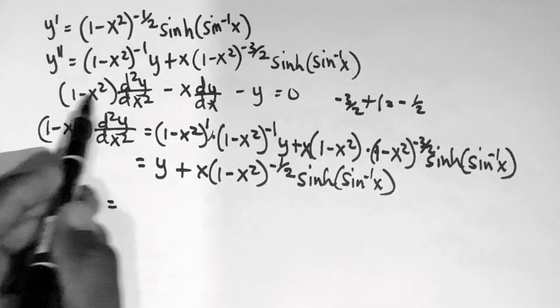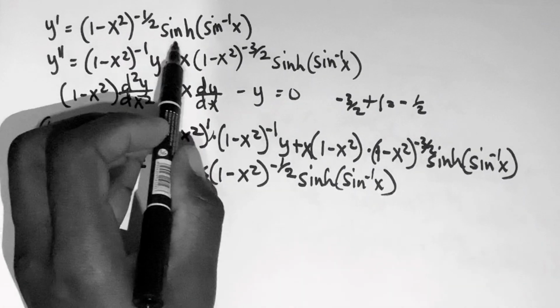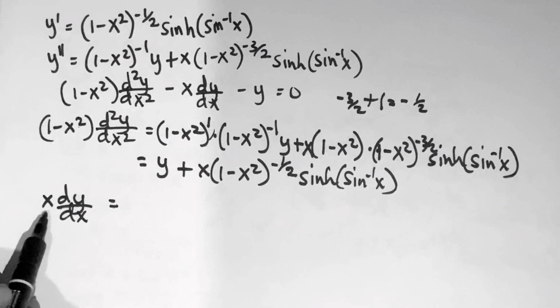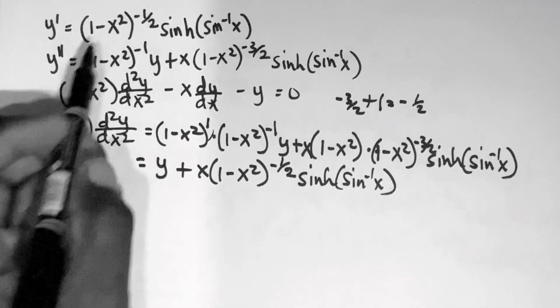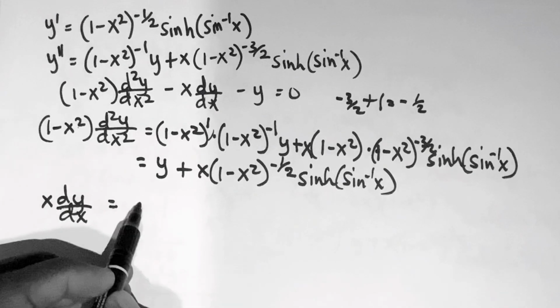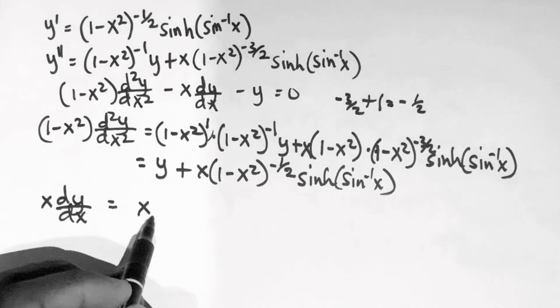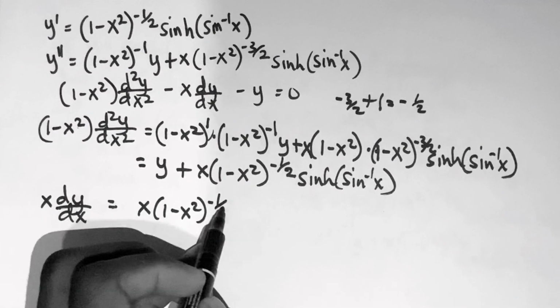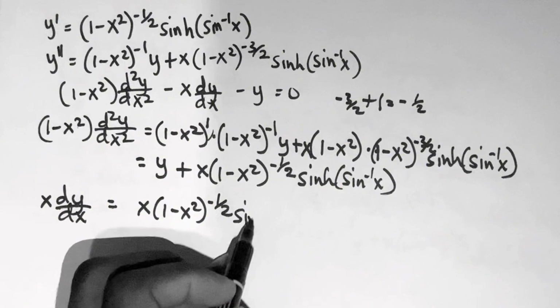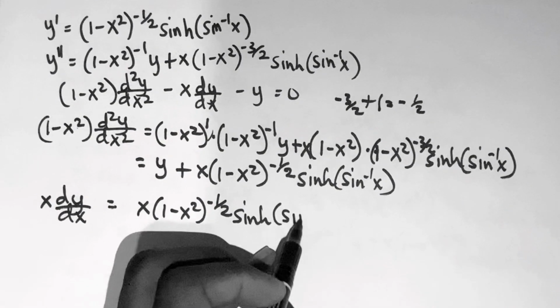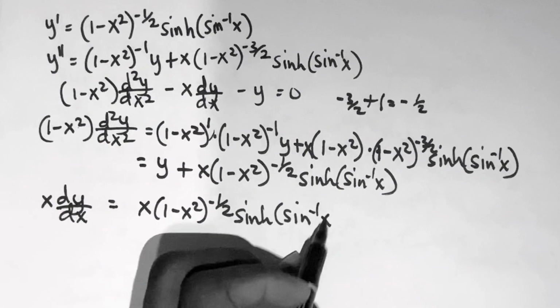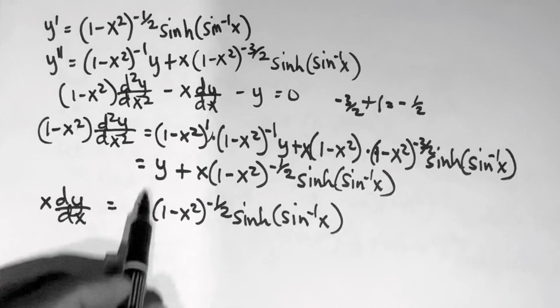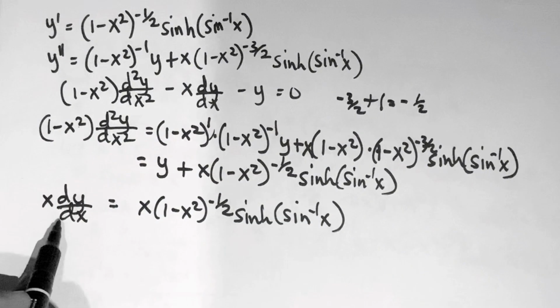So that means you are going to multiply y prime, which is this term, by x. If you multiply this by x, it's going to give us x times (1 minus x squared) exponent minus 1/2, hyperbolic sine of sine inverse of x. So now we can put it into this equation.